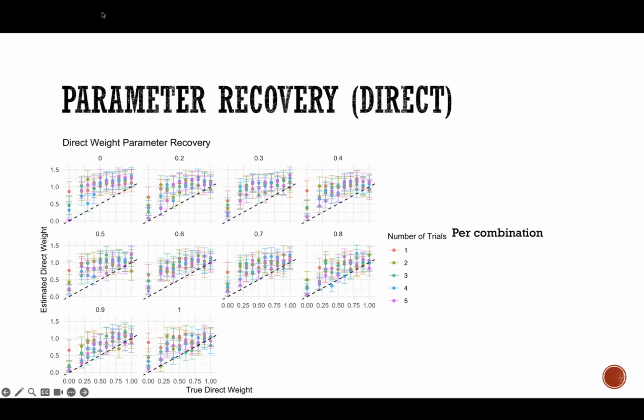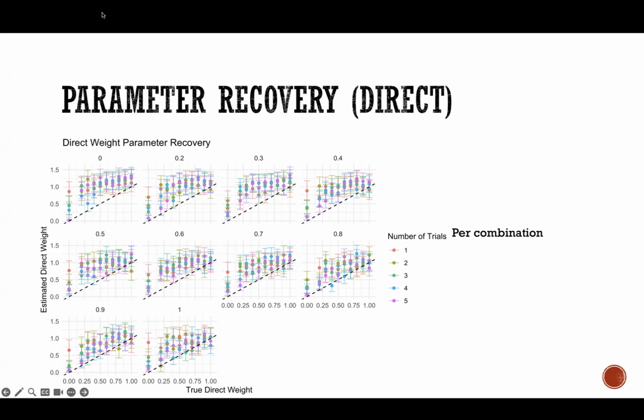I know they're small and far away, but does anybody want to comment on the plots? Yes, it continuously overestimates the weight.